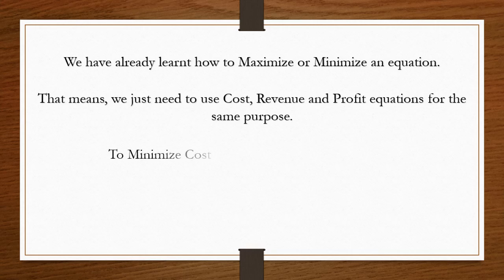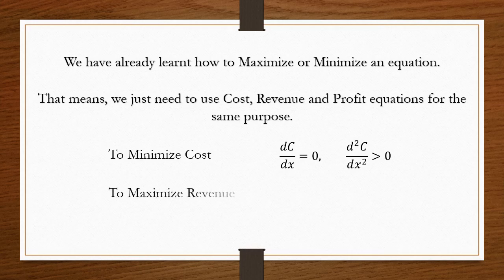That means to minimize cost, we need dc upon dx to be 0 and d square c upon dx square to be more than 0. Okay, this is the rule. These are the conditions which I have mentioned for maximization and minimization. We are just applying those conditions to cost, revenue and profit. To maximize revenue, dr upon dx will be 0 and d square r upon dx square will be less than 0.